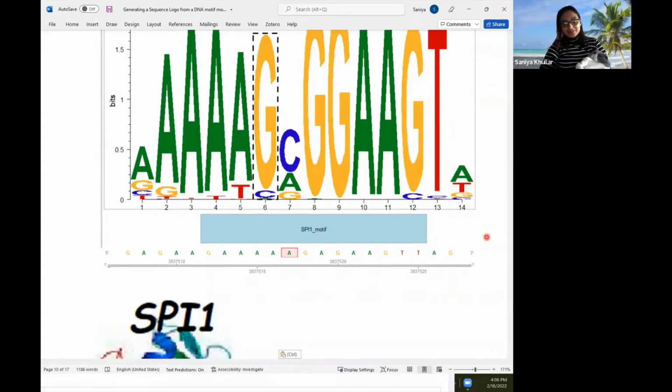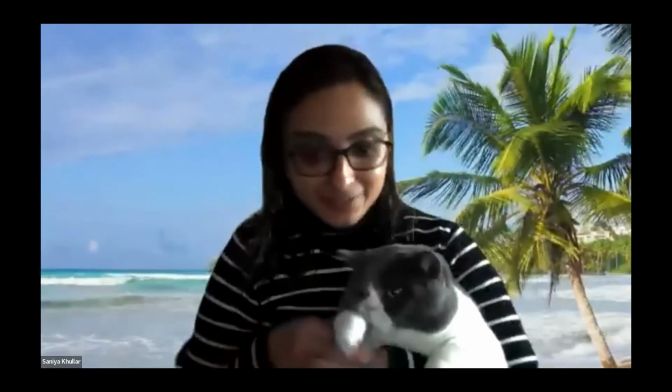Now, I was using this for other reasons as well, but these are examples of how transcription factors bind to transcription factor binding sites, sequence-specific motifs that they recognize. They have those regions that they can recognize here.